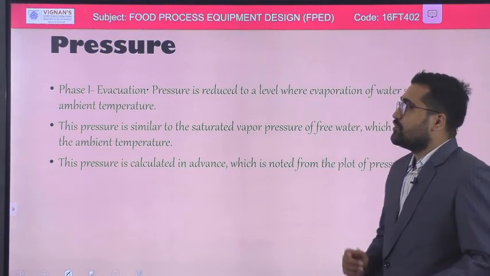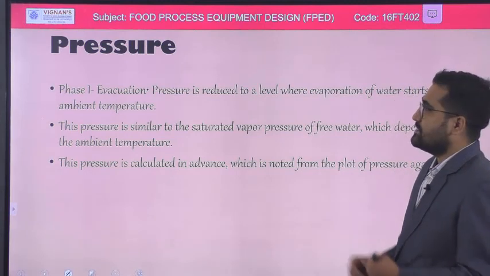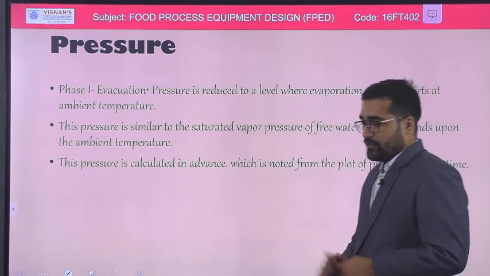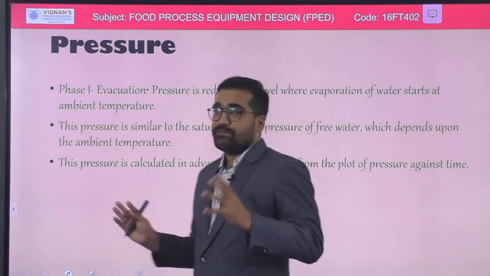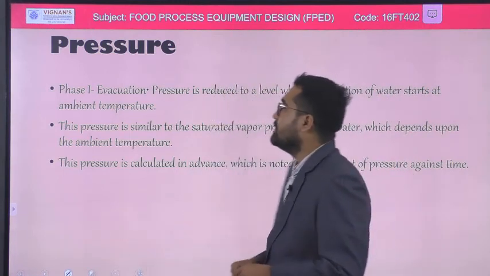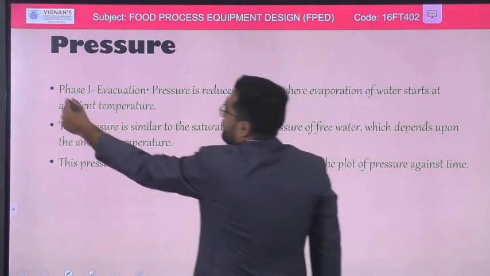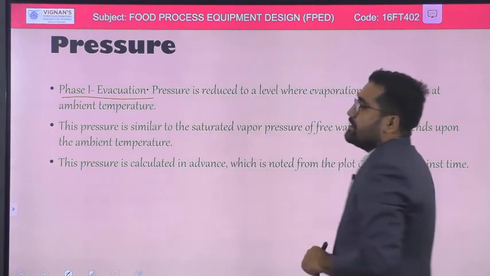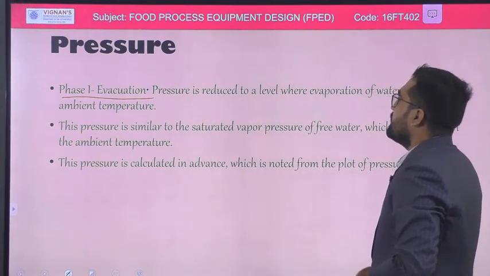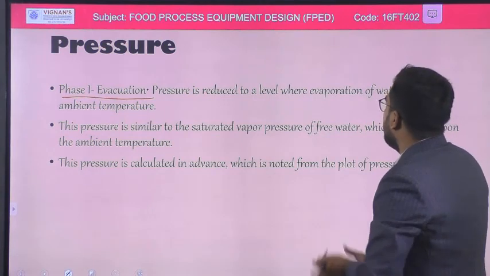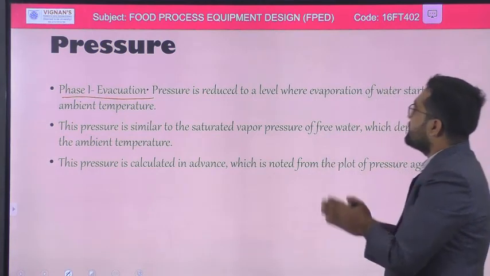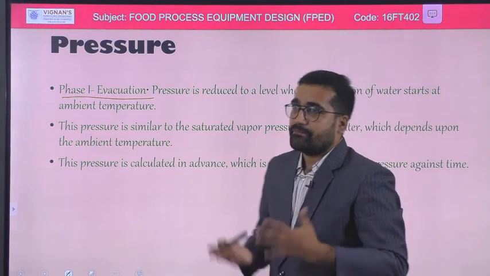So what is the role of pressure inside the vacuum dryer? The role of pressure is very important in a vacuum dryer. In phase 1, that is evacuation, the pressure is reduced to a level where evaporation of water starts at ambient temperature.